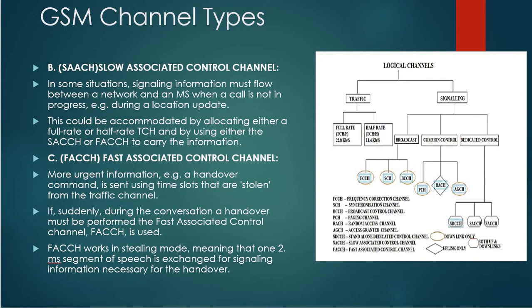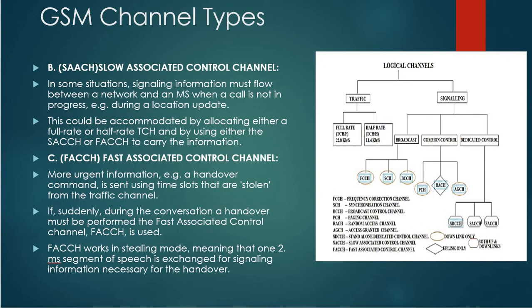If the mobile station moves at a rapid speed or maybe a slow speed out from the current cell to another cell, then it's needed to have a handover to the new cell. So it's incorporated with this associated control channel. It's sent out using time slots that are stolen from the traffic channels.